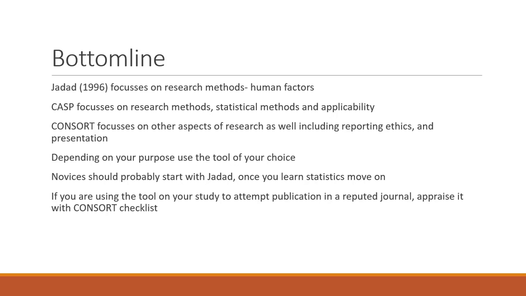If you are using the tool on your study to attempt publication in a reputed journal, appraise your own article using the consort checklist so that you don't run into trouble, and so that you know that you have made all the appropriate corrections or done the appropriate statistics before you even undertake the study. So when you plan a study, you must look at the consort checklist and decide, this is how I'm going to plan my study. That would be the best way to do it.